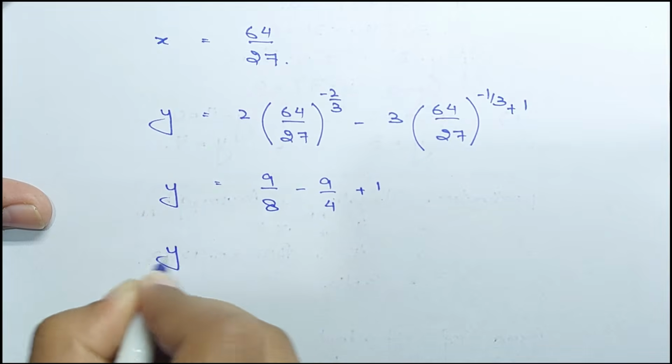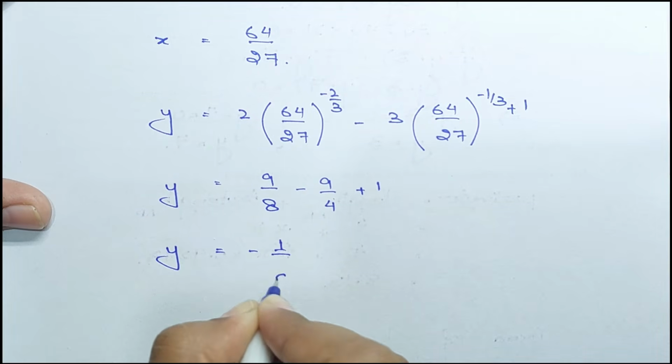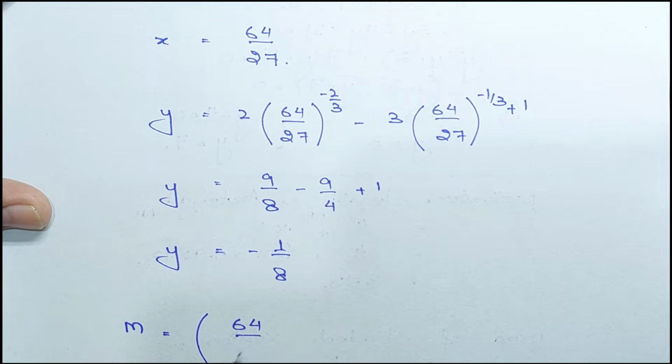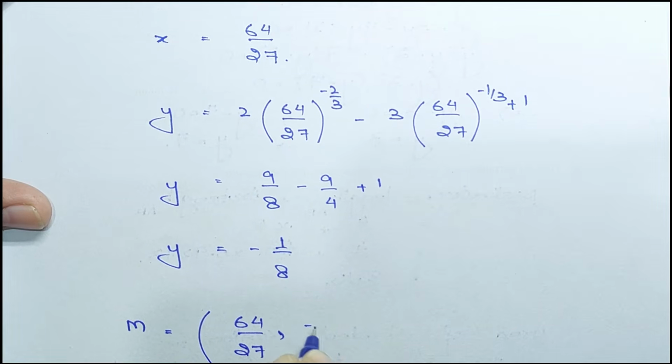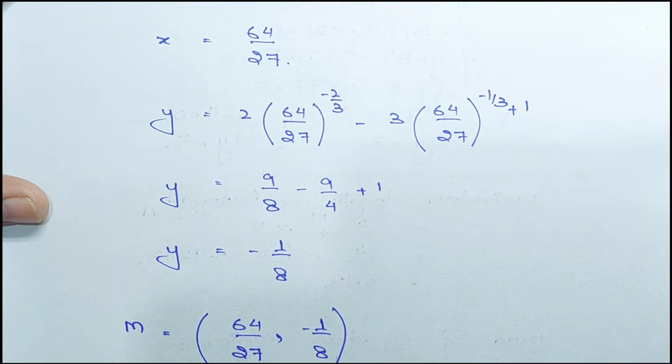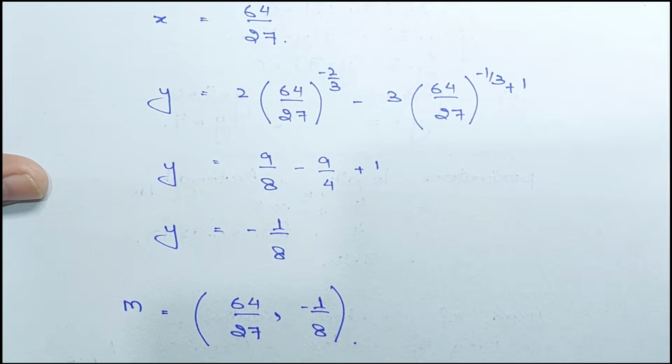So y is equals to negative 1 over 8. So we can say the coordinates of m are 64 over 27 and the y is minus 1 over 8. This is the exact coordinates of the minimum point.